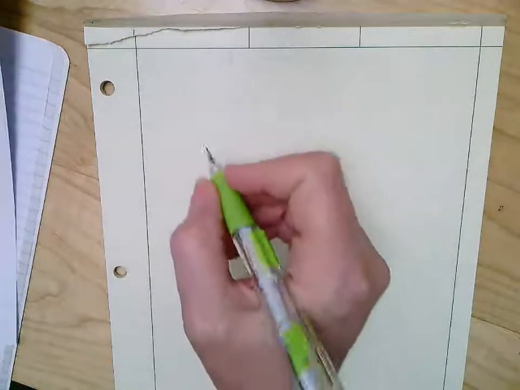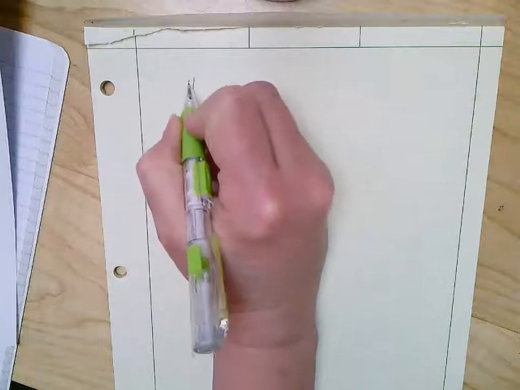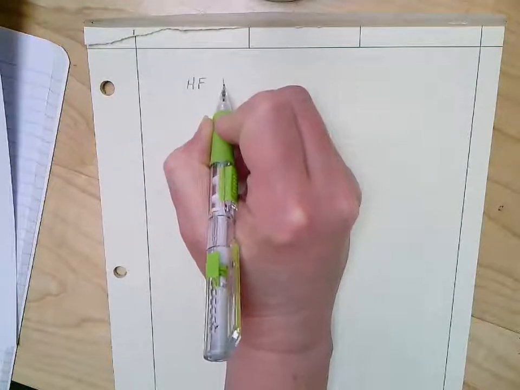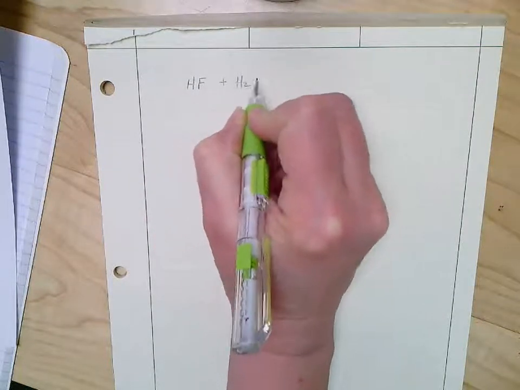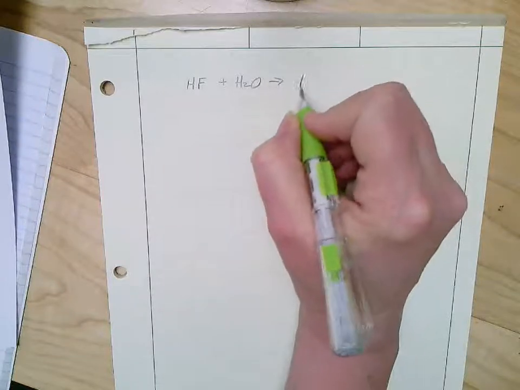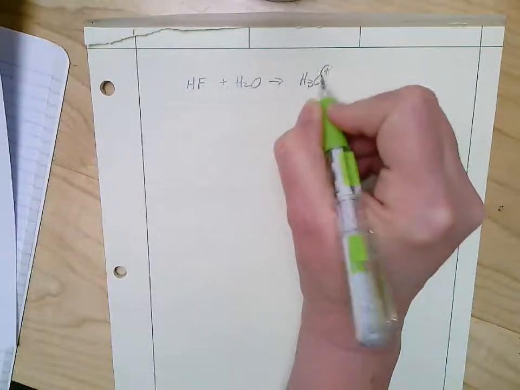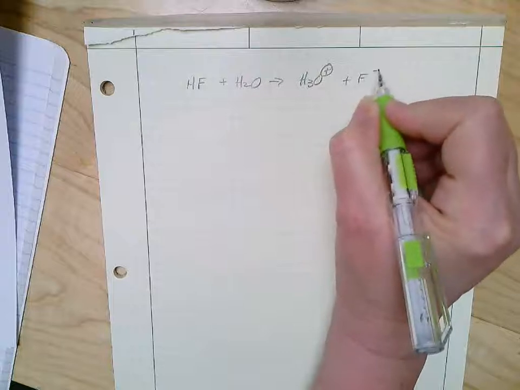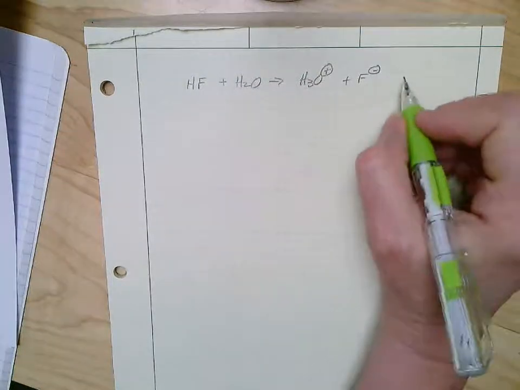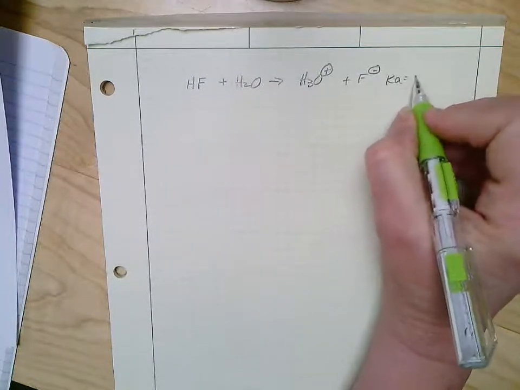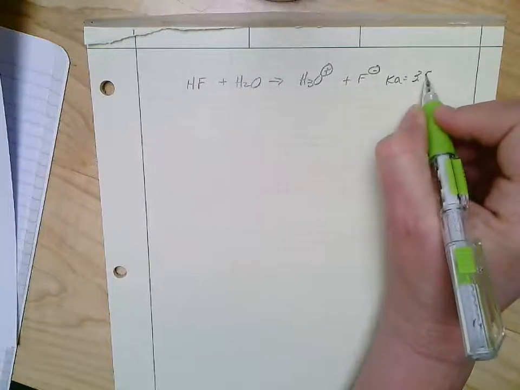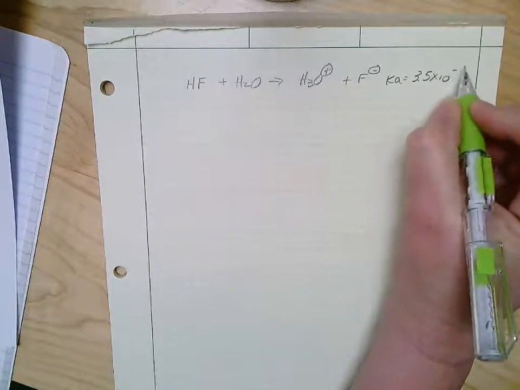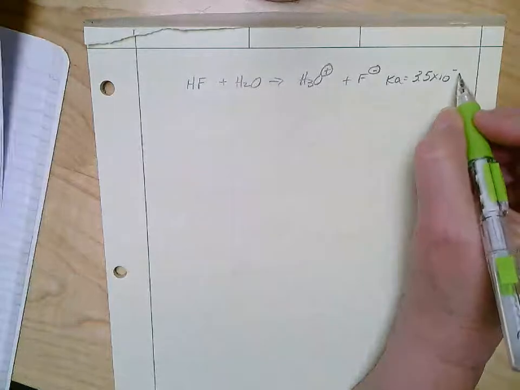And we're going to start by thinking about what we need to know. So when we take HF and we put that in water, we are going to get hydronium ions and we're going to get F minus ions. The Ka for this reaction is 3.5 times 10 to the negative 4th.